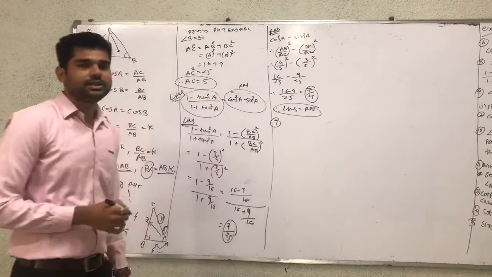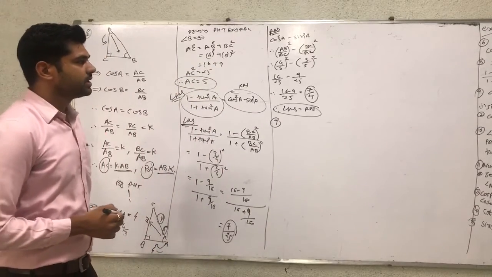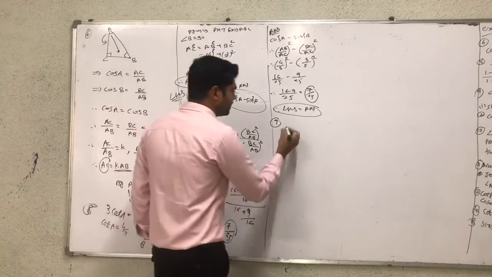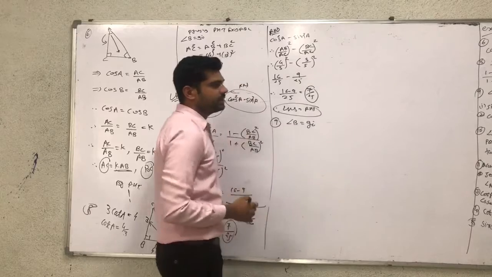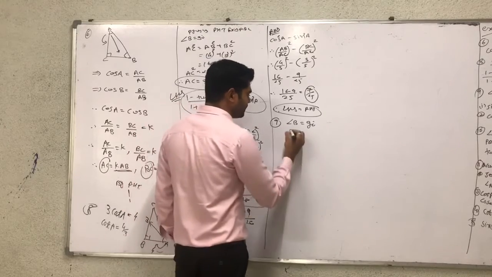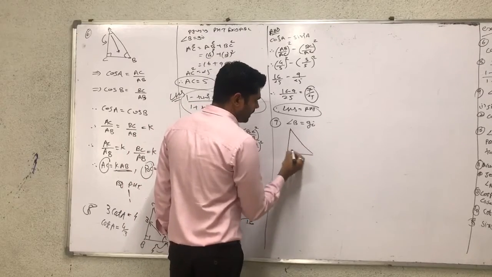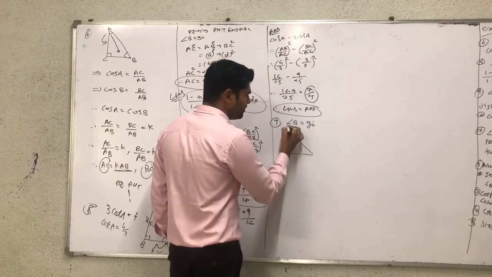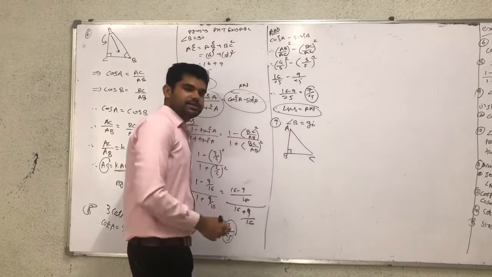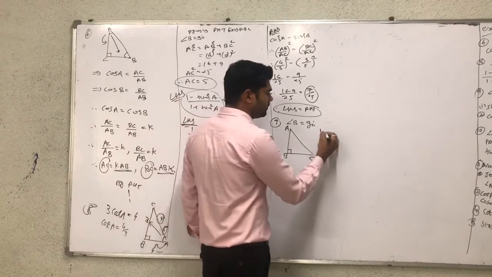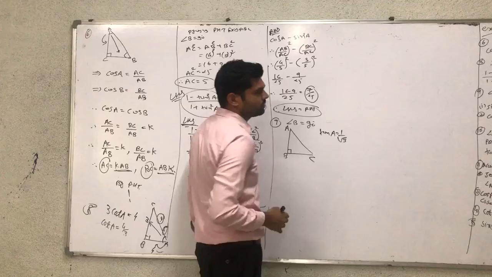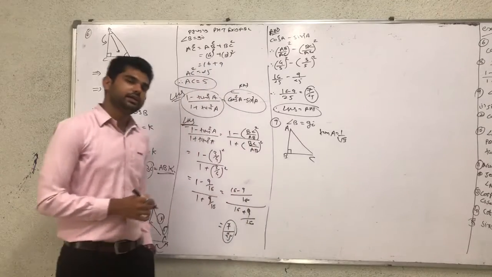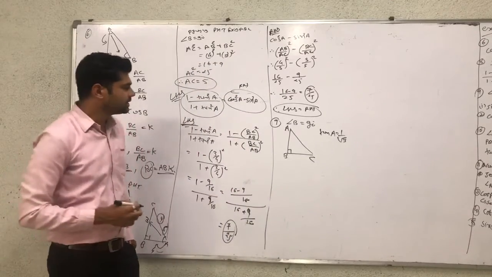Question number 9. In question number 9, we are given that angle B is equal to 90 degrees, and A and C are the other angles respectively. Now another value: tan A is equal to 1 upon under root 3.